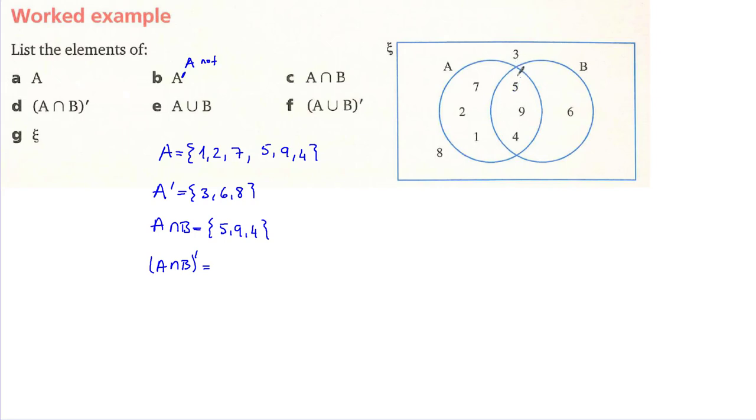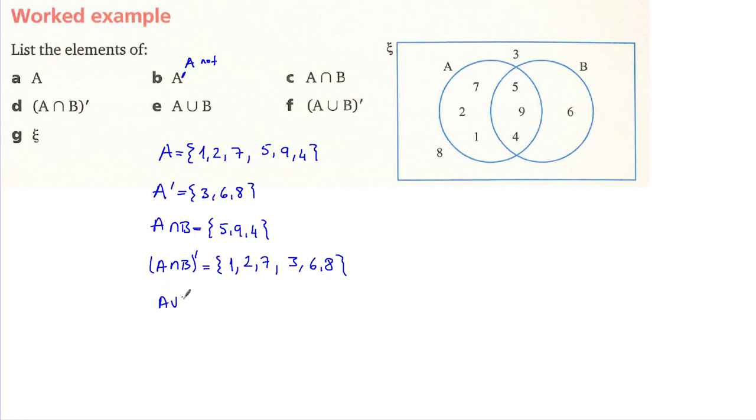So what is not in A intersection B? 1 is not in A intersection B, 2 is not, 7, 3, 6, and 8. So these are the elements which are not in A intersection B.